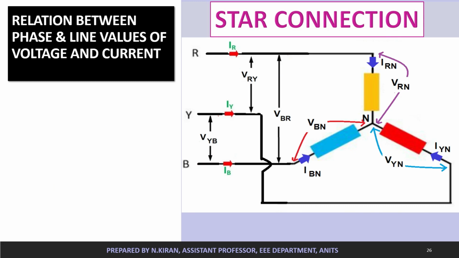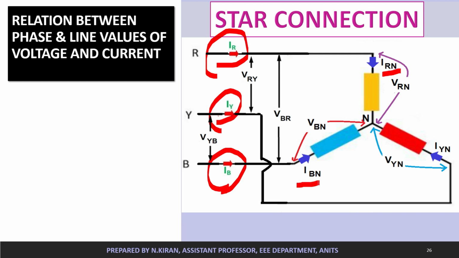So now let us derive the relation between phase and line values of voltages as well as currents in star connection. From the circuit diagram, IR, IY, IB are line currents, and IRN, IBN and IYN are phase currents.